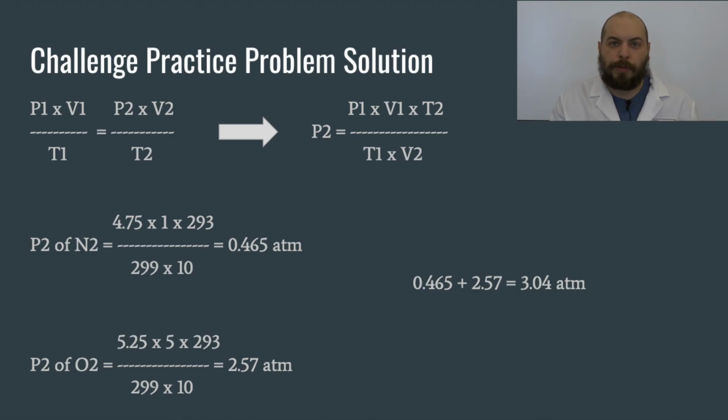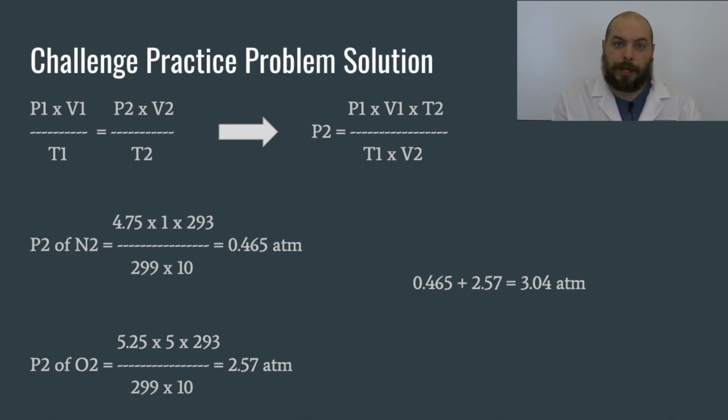P1 times V1 over T1 equals P2 times V2 over T2. Remember, the number of moles didn't change, right? It was going from one container to the other, so the number of moles canceled. Now we're solving for the final pressure. The final pressure of nitrogen, when we plug everything in and solve, is 0.465 atmospheres. So that's the new pressure of nitrogen alone.